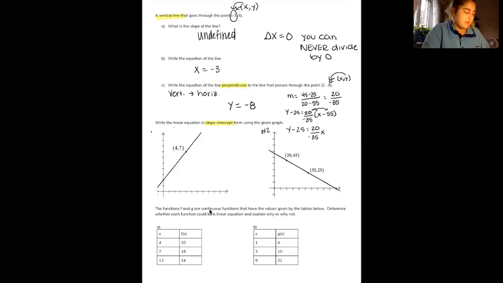So 55 times 20 is 11,000 over 35, right? And now I want to add my 25 over. This is where I kind of jumped ahead. I was thinking a little ahead, okay? So I have y equals 20 over -35 x, and then I need to figure out 25 in 35ths.